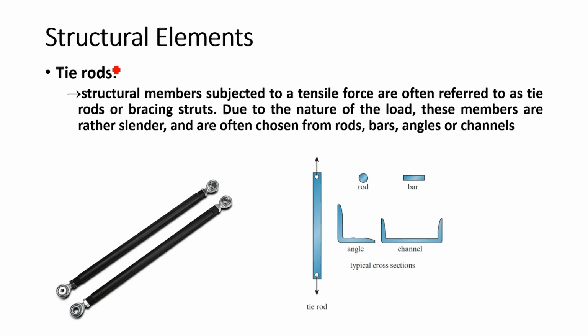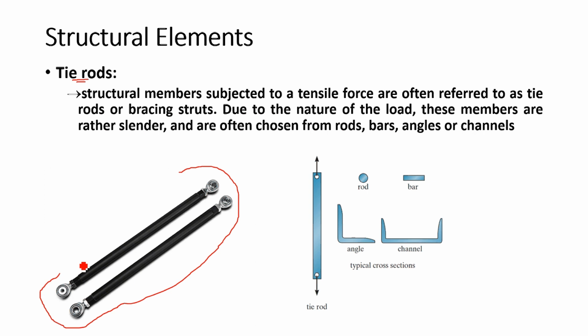So let me start with the structural elements, the basic structural elements available in the civil engineering industry. A very basic one is the tie rod. These tie rods are basically elements subjected to tensile force. Do you know the meaning of tensile force? For example, this is a picture of tie rods.